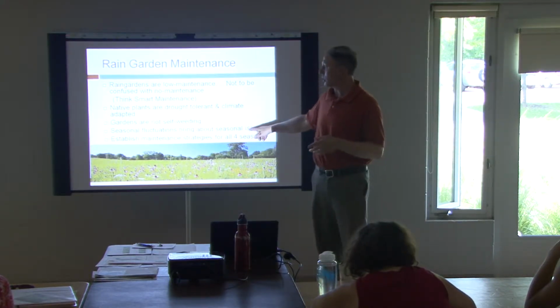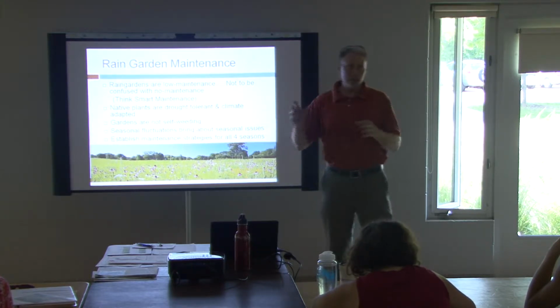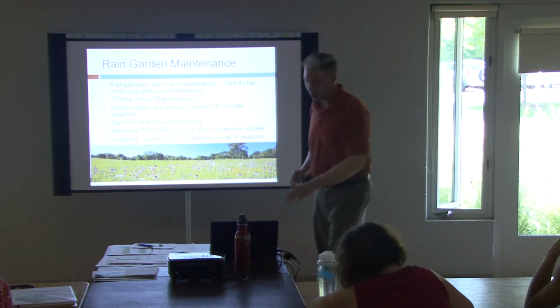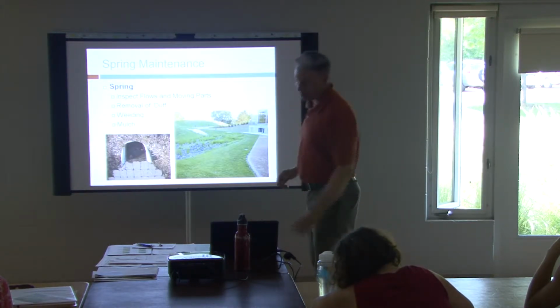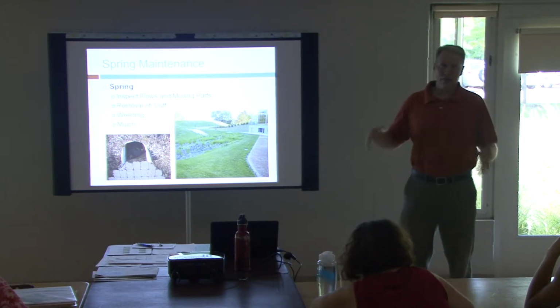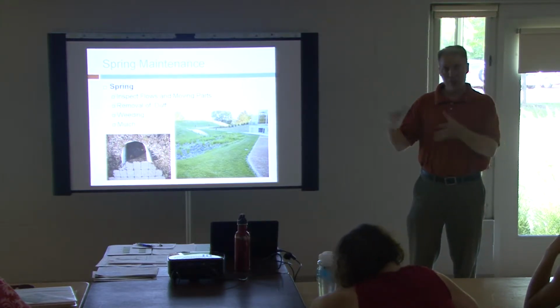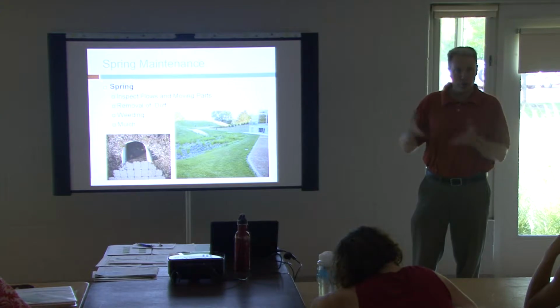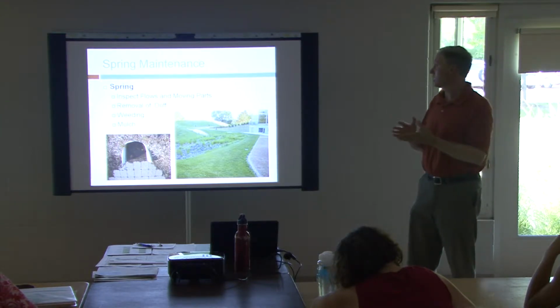We'll talk about seasonal issues for rain gardens and paying attention for all 4 seasons, making sure that you're thinking about different things that may come up. So starting with spring, that's when we'll have a lot of snow melt, and you can have a lot of water flowing into these rain gardens.